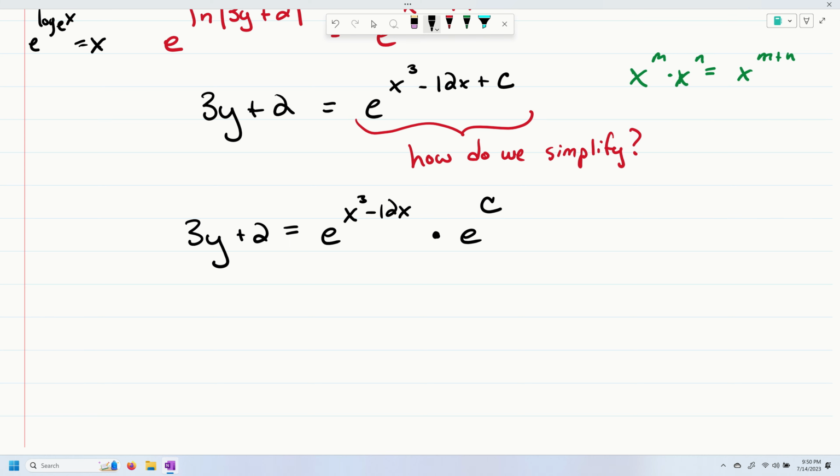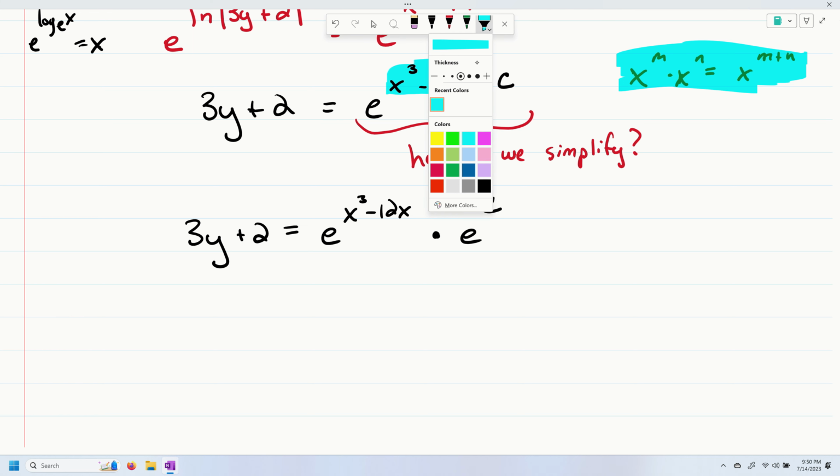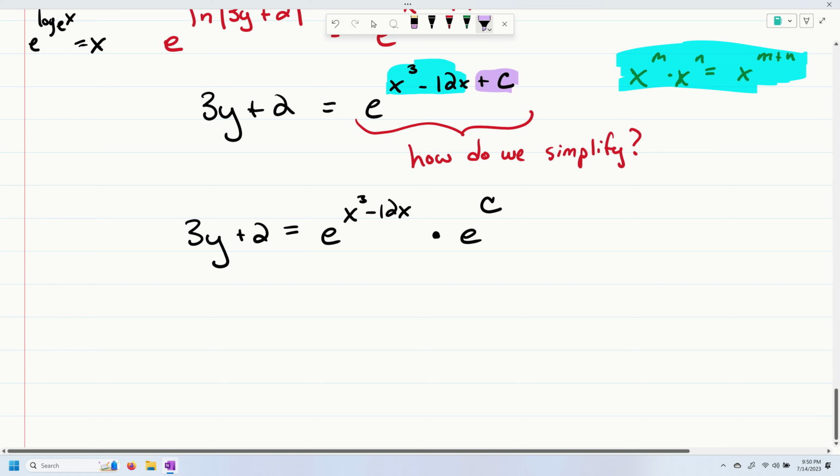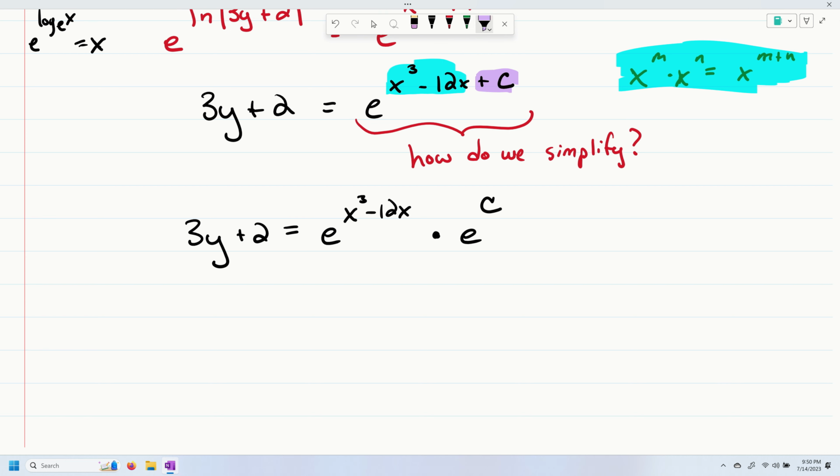Now, what I did here is I just applied this product rule right here, keeping these two the same. And then right here is that plus c. So, e to the x to the third minus 12x times e to the c.